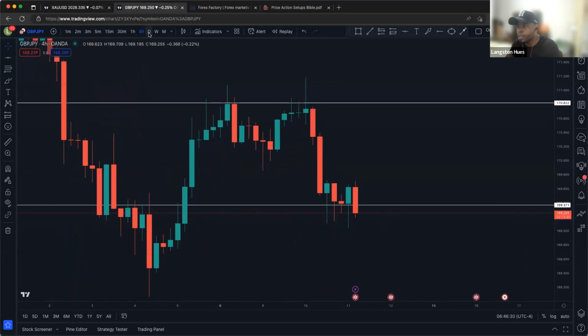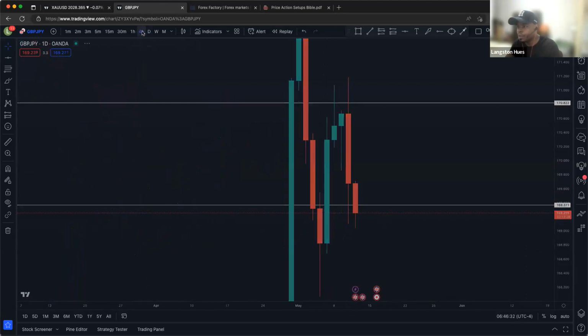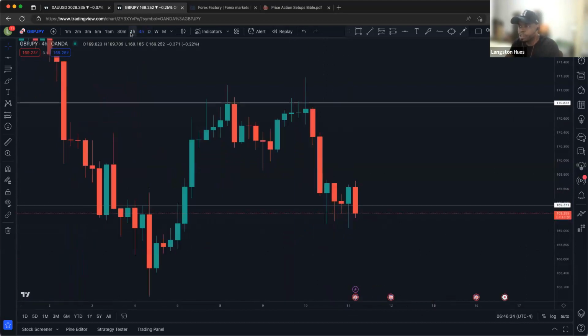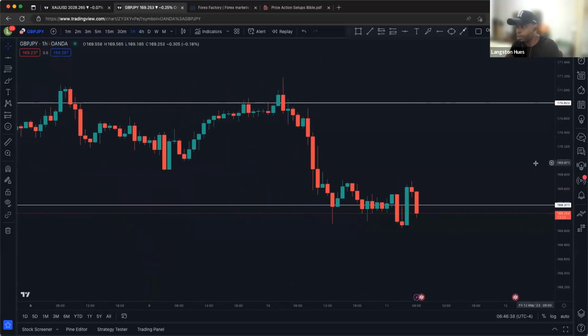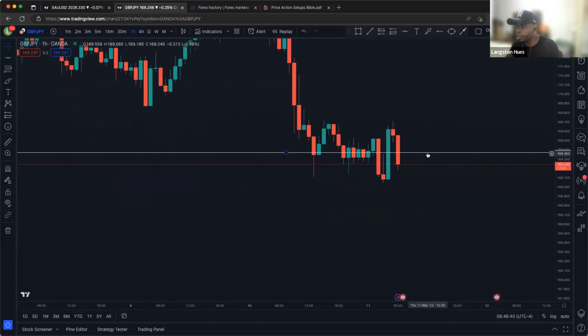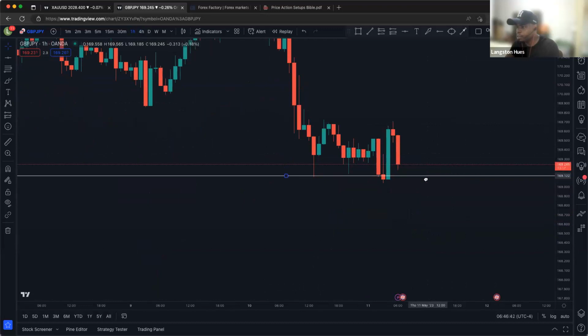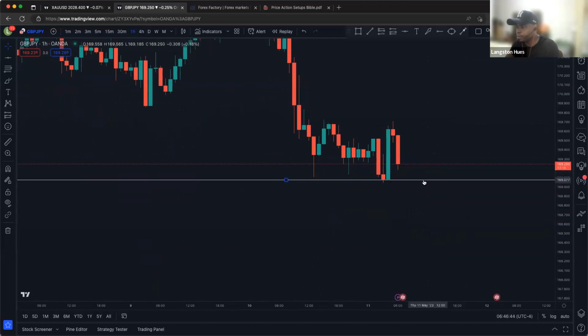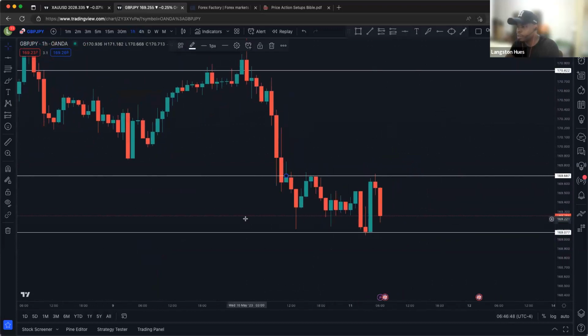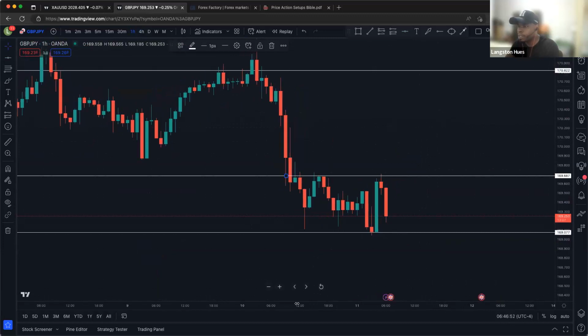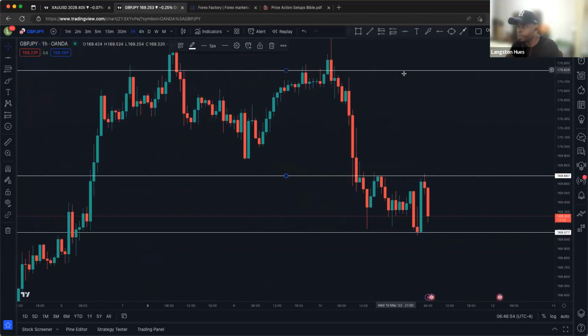So we got, what do we say? We got the daily bearish. We got the 4 hour currently bearish. Let's look at the 1 hour. Looking at the 1 hour, we actually can adjust our support down to here, where all those rejection wicks are. We can put a resistance right up here. And then our previous 4 hour resistance will remain the same.